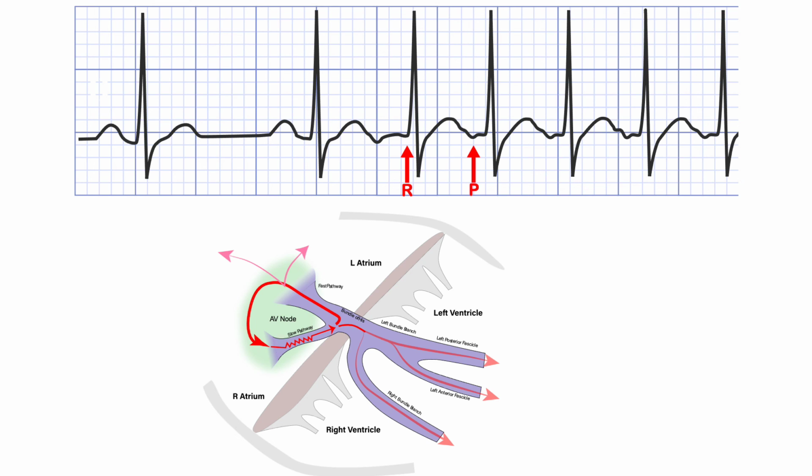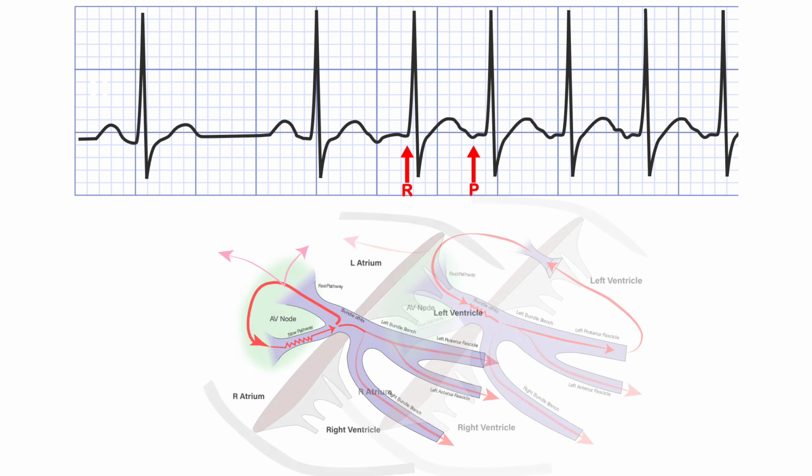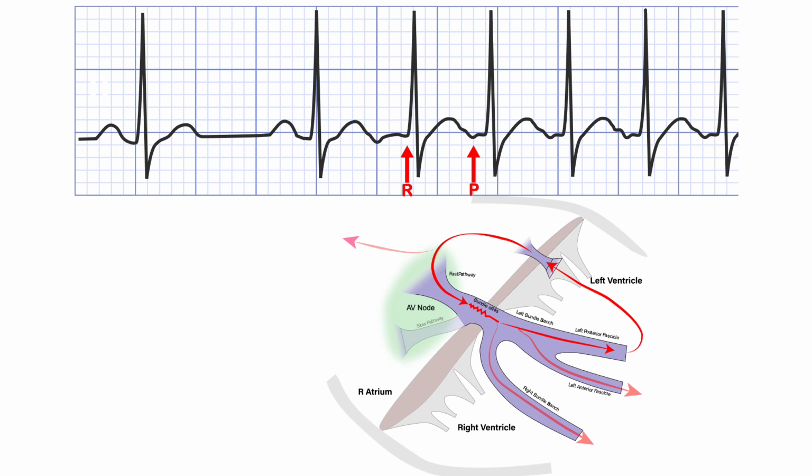Atypical AVNRT can explain any Rp interval or any AV time. In the case of AVRT, this could be AVRT. However, when the ventricle is activated, there's a long delay before the next P wave is formed. So if this pathway is decremental or very slowly conducting such that it creates a very long VA time, it is possible.